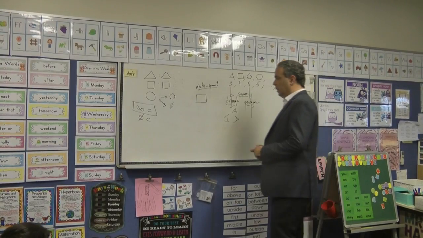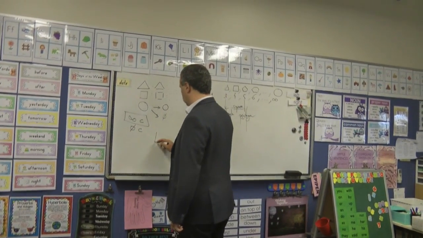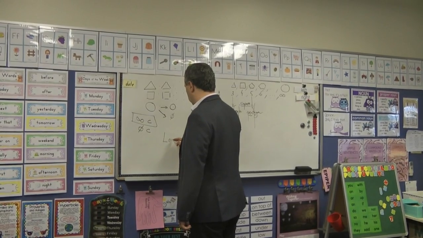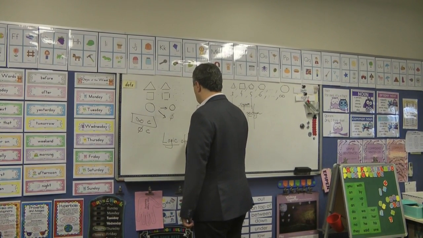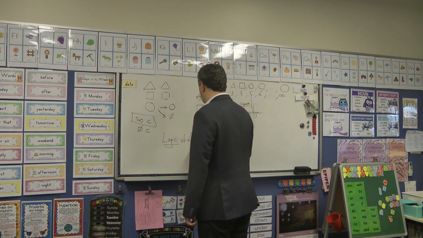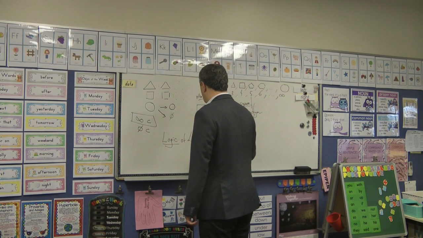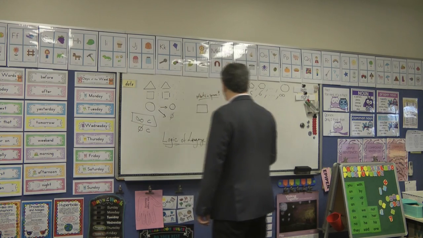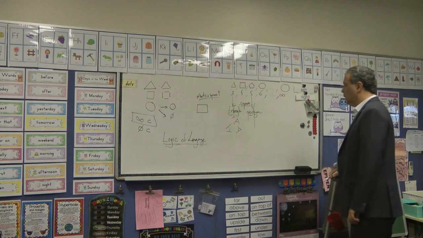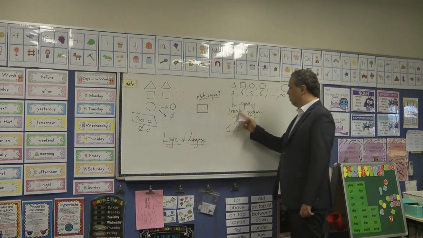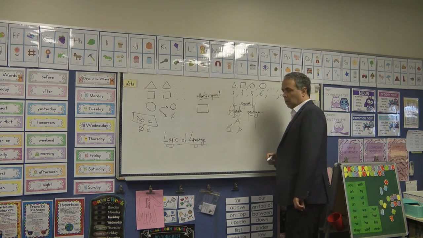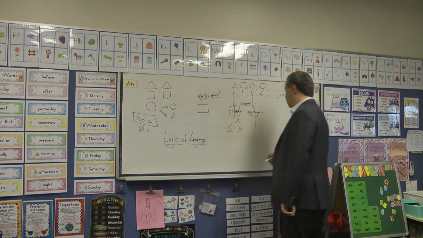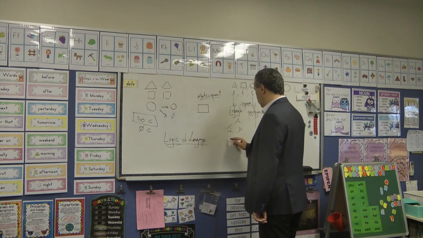So the idea is the logic of language. For example, in English you say triangle, square, pentagon. But in fact, in Greek you use different words.